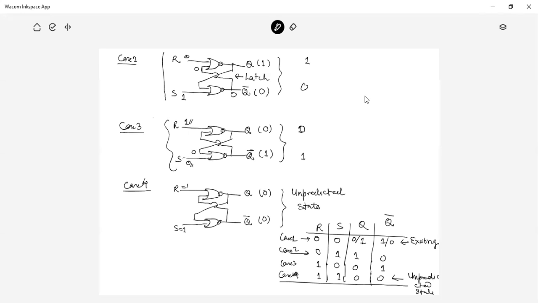Sometimes it is also called the don't care state later on, but here we can say it is the unpredicted state. So in this way we can have the basic circuit of a latch using a NOR gate.